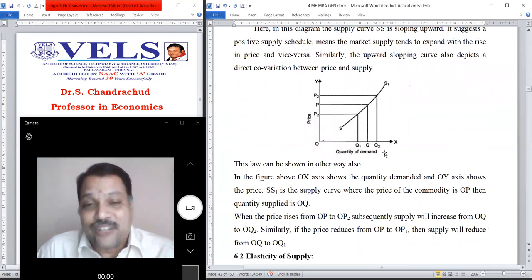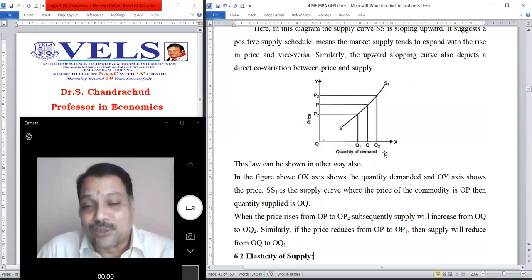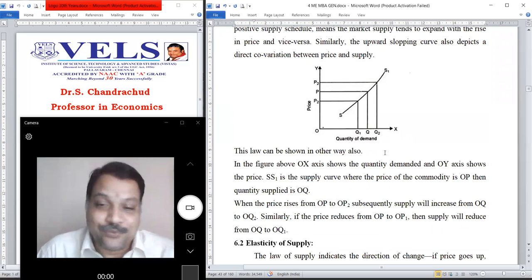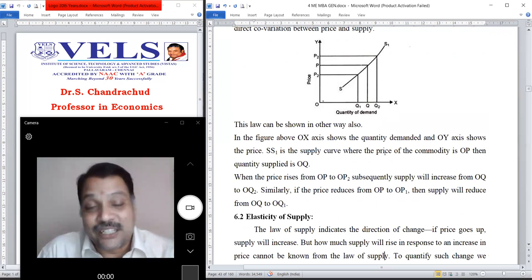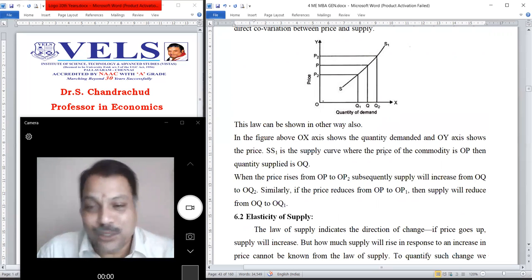This law can be shown in another way also. In the figure, the OX axis shows the quantity supplied, and the OY axis shows the price. S1 in the diagram is a supply curve where, at price OP, the quantity supplied will be OQ. When the price rises from OP to OP2, the supply will increase from OQ to OQ2.